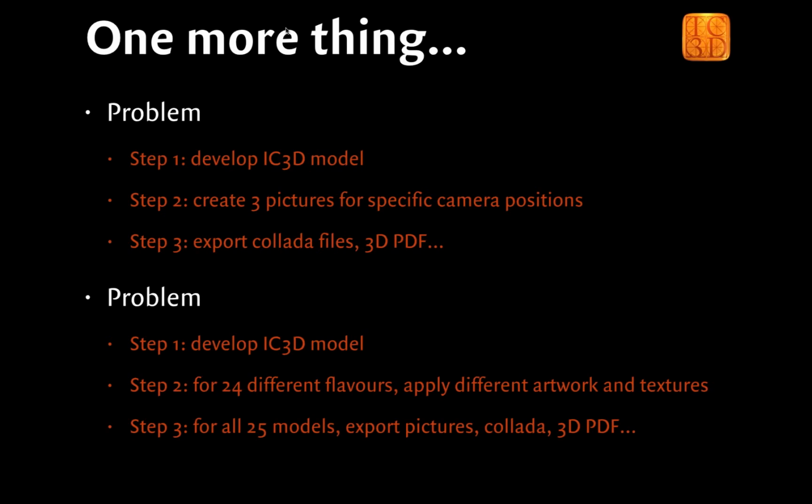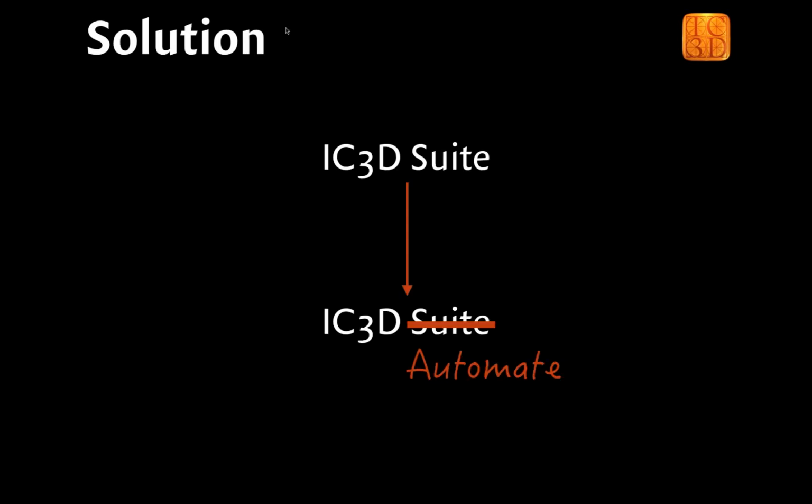Now, what we heard from people when we showed them iC3D Suite, either because they asked or because we looked at how they did things, is that creating an iC3D model is in many cases only the first step of what you have to do. And the first problem that I describe here is that in many cases, you want to create a model, and then for each model that you create, you have to go through a number of steps, and these steps always come back.